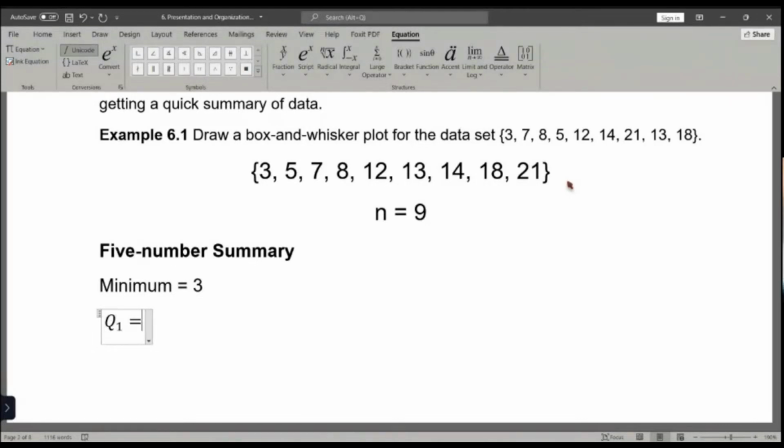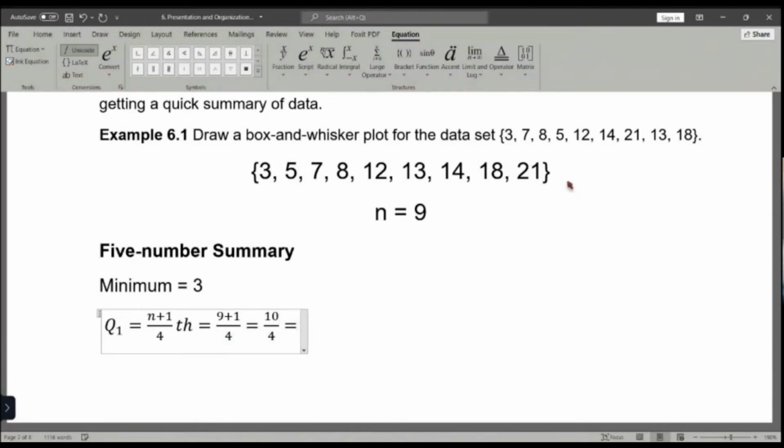And the formula in locating the first quartile is n plus 1 over 4. Since we are based from 4 equal divisions, the quartiles. Quartiles is based from 4 equal divisions. Okay. So our n is 9, plus 1, we have 10 over 4.